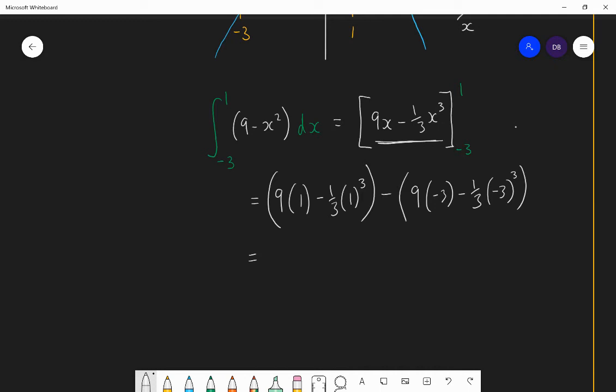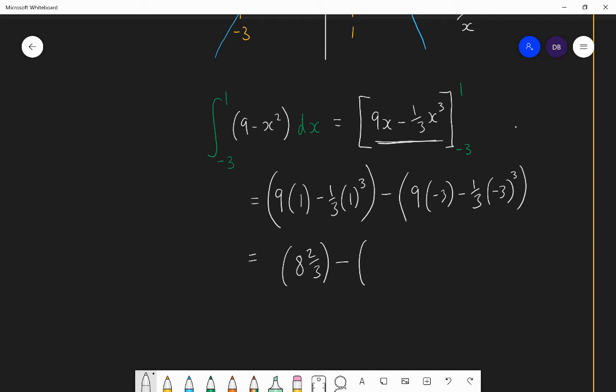9 times 1 is 9, minus a third of 1 cubed. 1 cubed is 1. So negative a third of 1 is negative a third. So it's 9 take away a third, which is 8 2/3. Okay. Minus, and then the other one, 9 times minus 3 is minus 27. Minus 3 cubed is minus 27.